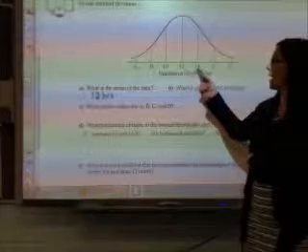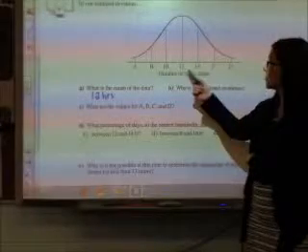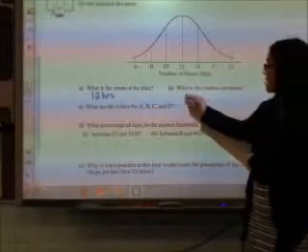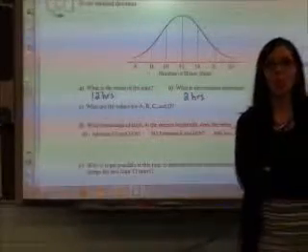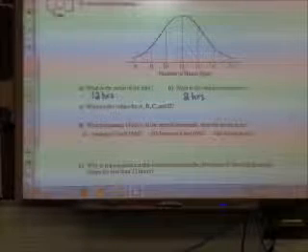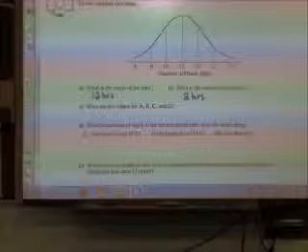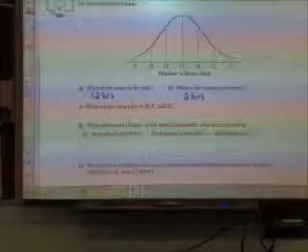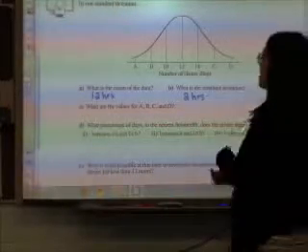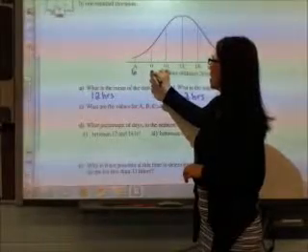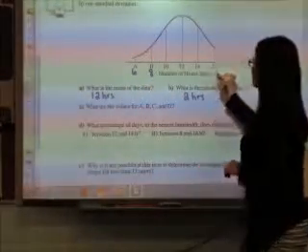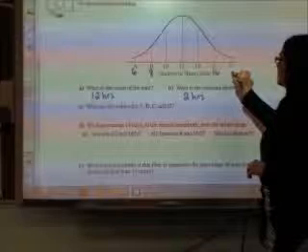What am I going up by? 2. So the standard deviation becomes 2 hours. So with that knowledge, I want you to fill in what the values for A, B, C, and D are. What's A? 6. B, 8. C, 16. And D, 18.